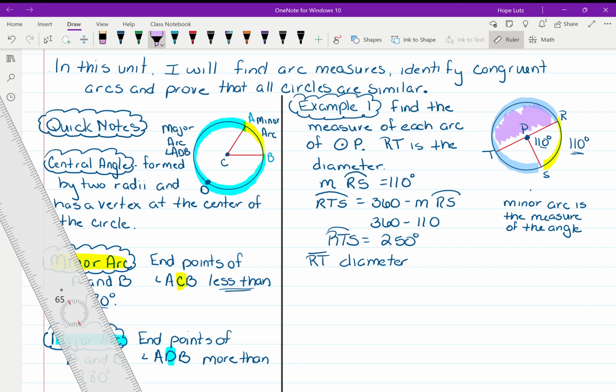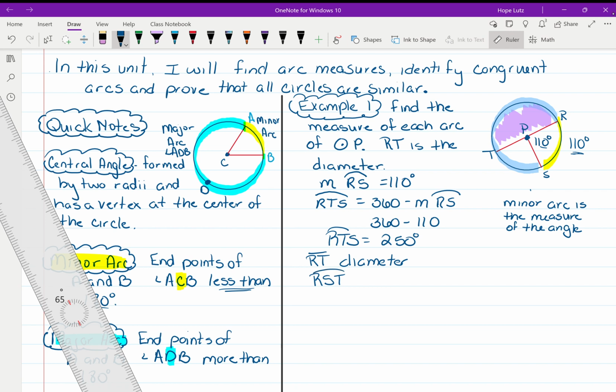We want to know what our ST is. So arc RST.